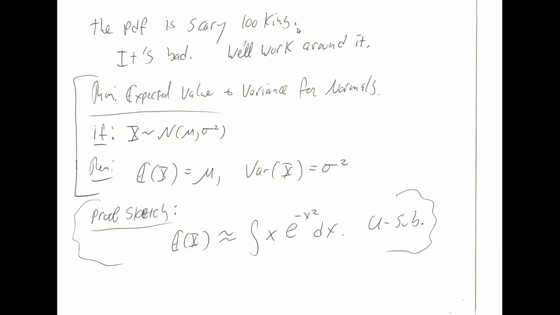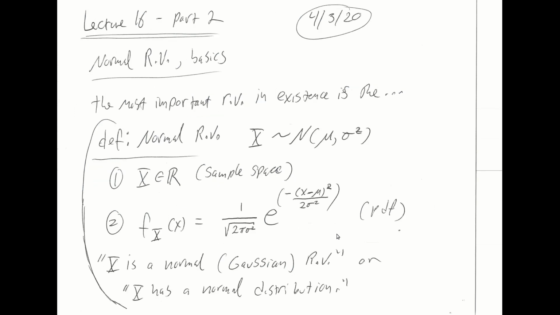But as we mentioned a moment ago, the PDF here looks crazy, and it is crazy, and in fact it's bad. But we're not going to end up integrating it explicitly. Backing up once more, the purpose of any probability density function is that you can integrate it in order to calculate probabilities associated with that random variable.